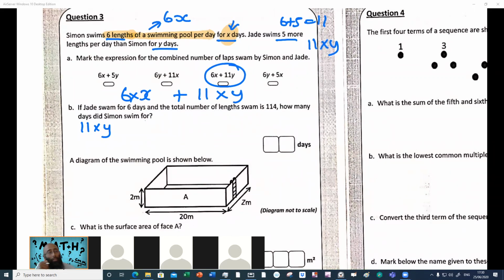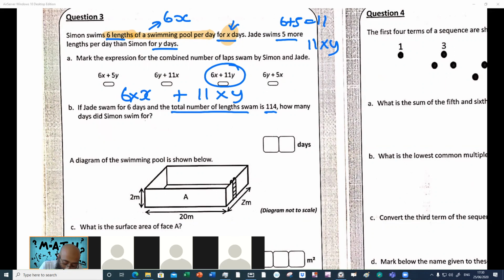So for question, which one? Question 3b. Okay, so what do we have here? We have 6x plus 11y, isn't it? Yeah. Okay, let's get to it. It says total number of lengths swam is 114. So we've got to use that formula that we just made. Let me change the color of the pen.